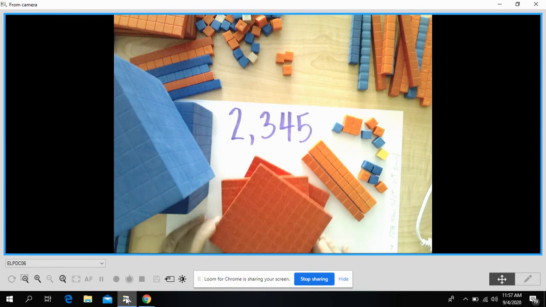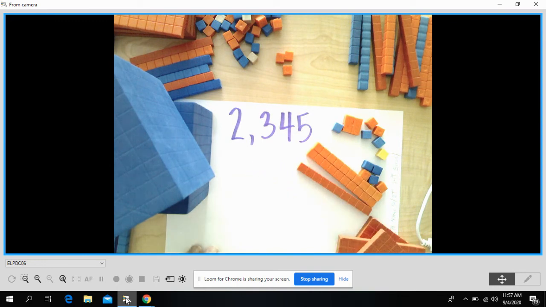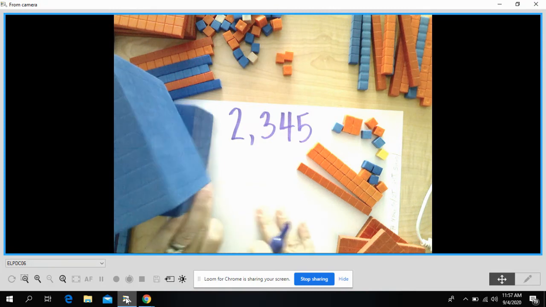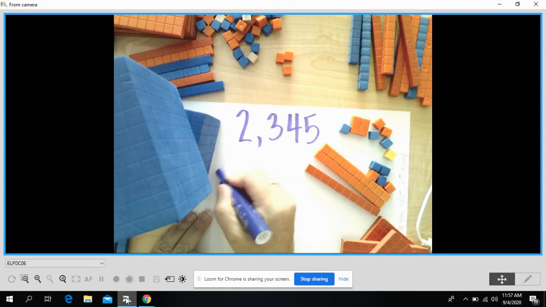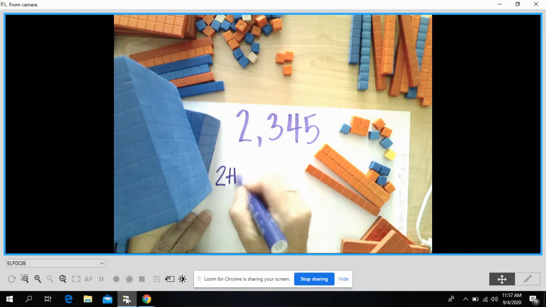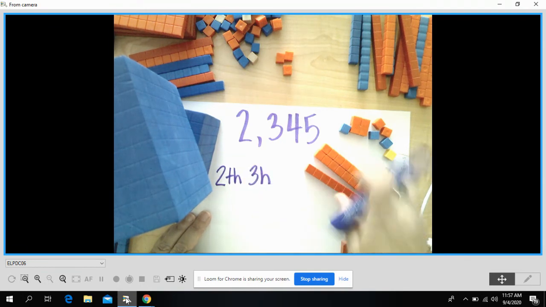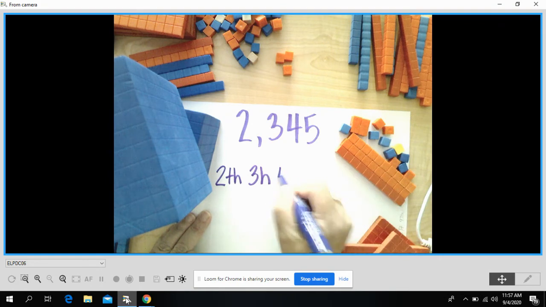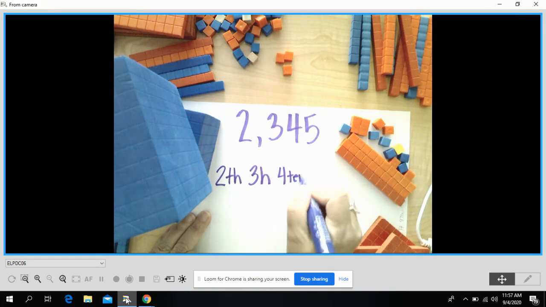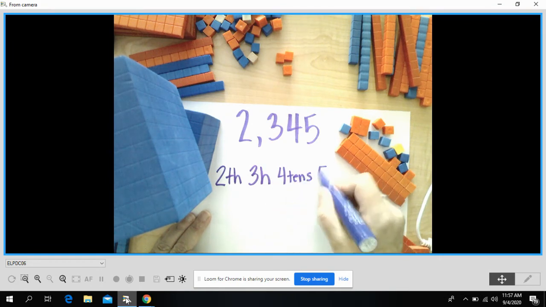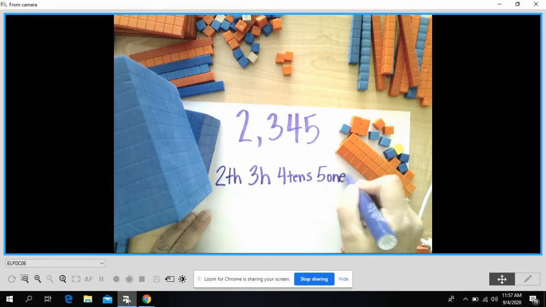So let me go back and write like I did before. The first way that this number was represented was 2,000s, 300s, 4 tens, and 5 ones.